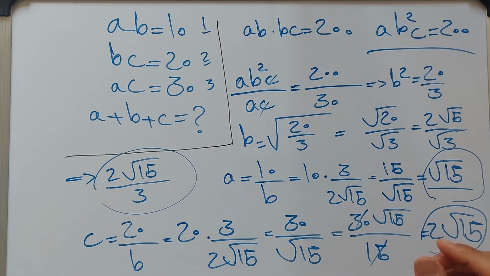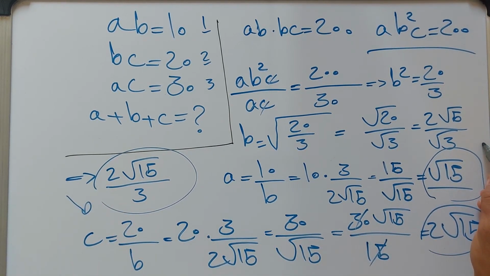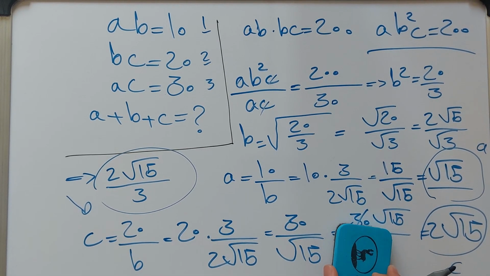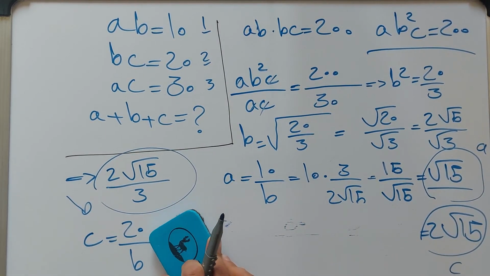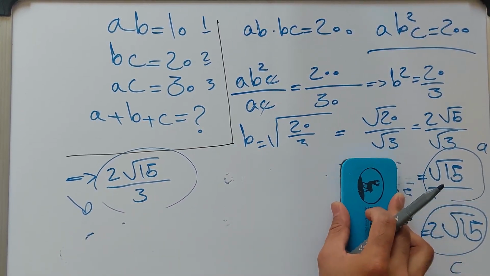Now the final step is just to add them together, right? We have B here, we have A here, and we have C here. So let's just delete everything here. So what is A plus B plus C?